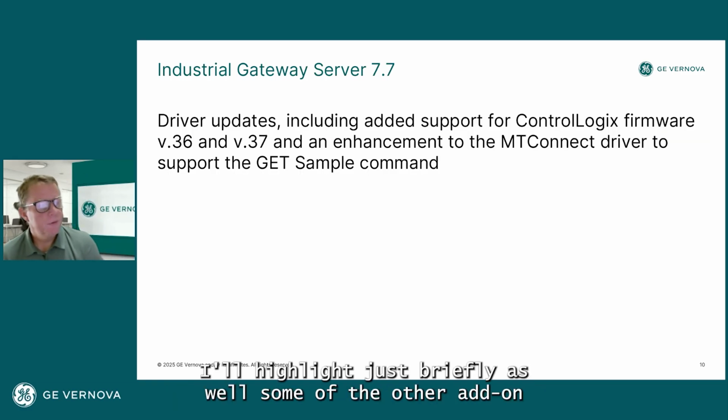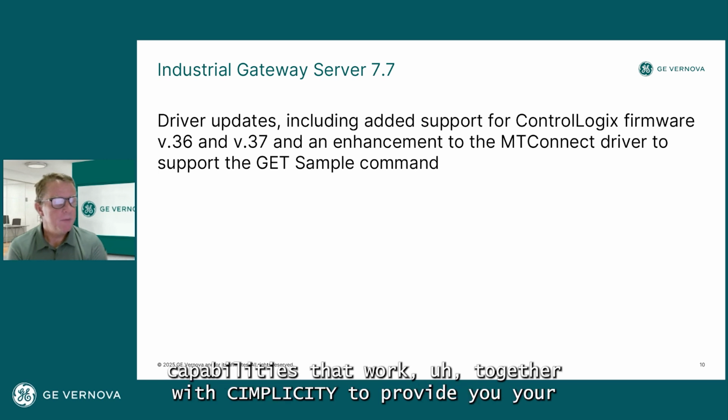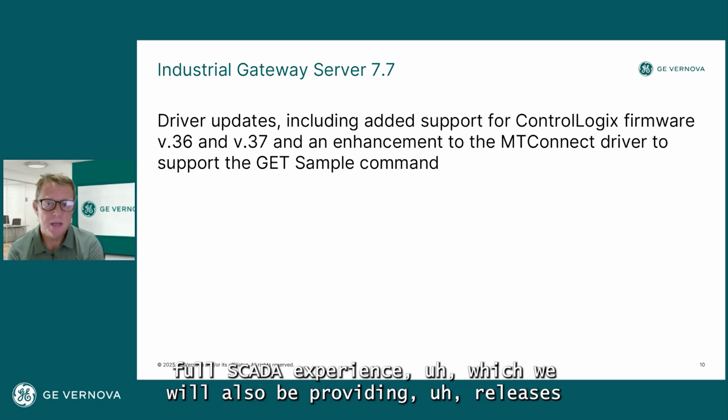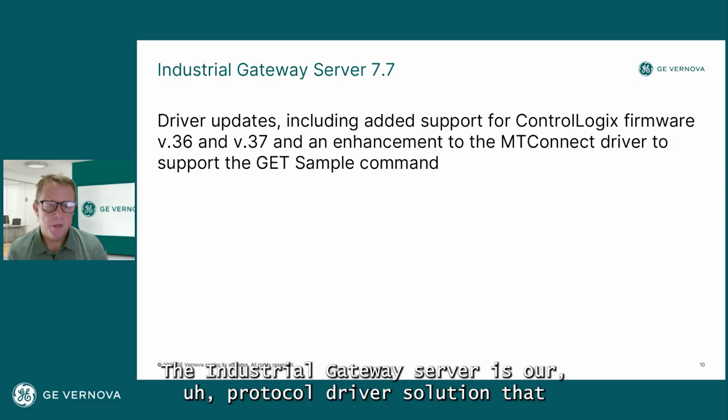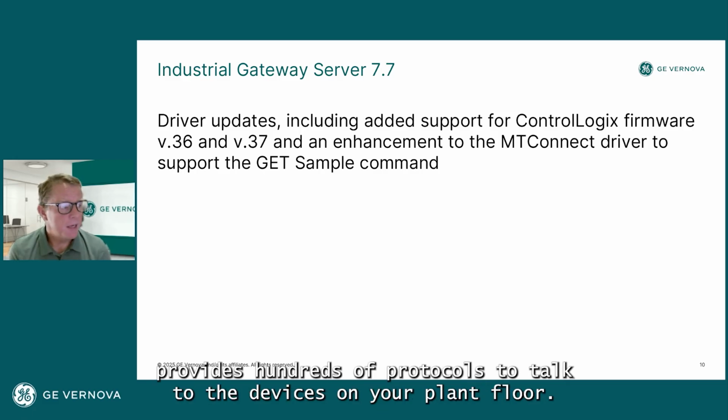I'll highlight just briefly as well some of the other add-on capabilities that work together with Cimplicity to provide you your full SCADA experience, which we will also be providing releases and updates for over the next year. The Industrial Gateway Server is our protocol driver solution that provides hundreds of protocols to talk to the devices on your plant floor.